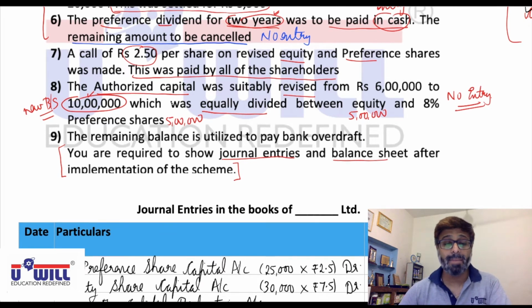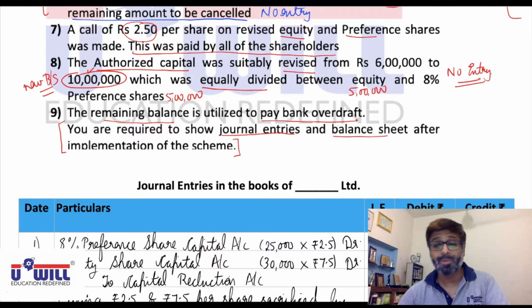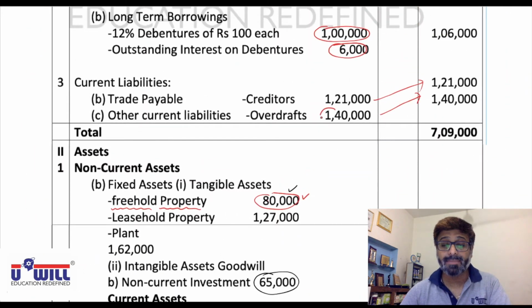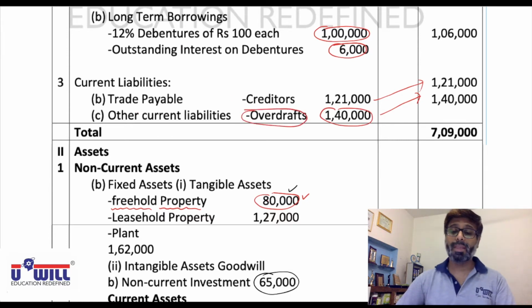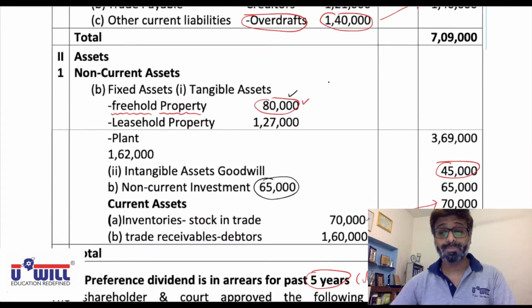And the last one, the remaining balance is utilized. Remaining balance means cash and bank balance is utilized to pay bank overdraft. For this, we have to make cash and bank account. There is a bank overdraft of 1,40,000. You all can see here. So depending on the cash balance with us, if we have less than 1,40,000, to that extent, whatever is the remaining balance, suppose we have 1,20,000, then 1,20,000 we will use to pay bank overdraft, 20,000 will still remain outstanding for future.